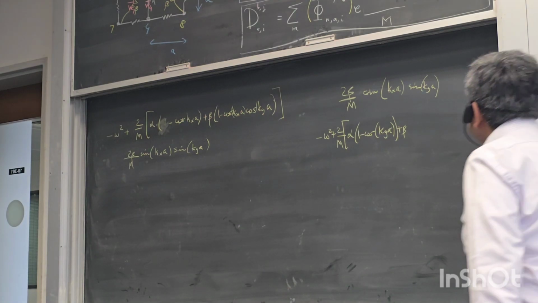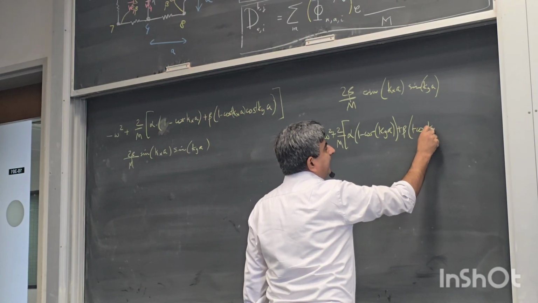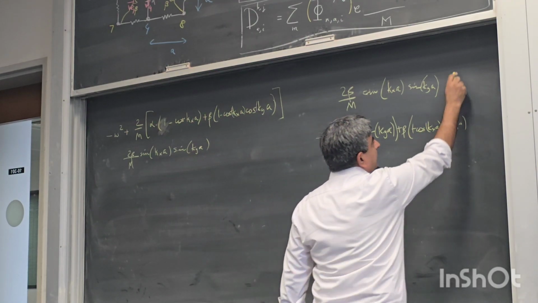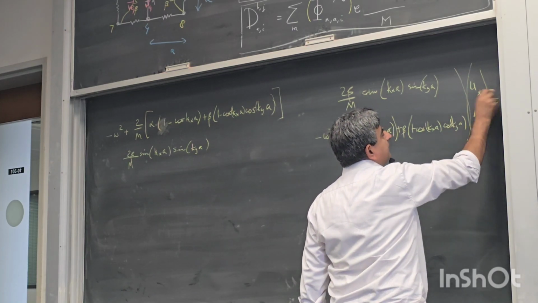Yes. 1 minus cosine kxa cosine of kya, times ux uy, this must equal 0.